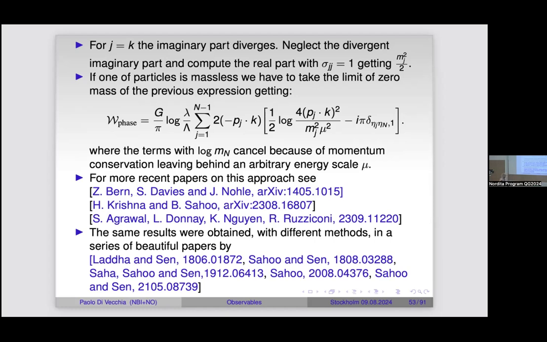Now, all these things can be found in Weinberg's paper. There are more recent papers on this approach. These are the papers. And also, these are connected to the many papers that Laddha, Sen, and Sahoo wrote. So there is a convergence of results, but more or less everything was essentially in Weinberg's paper.